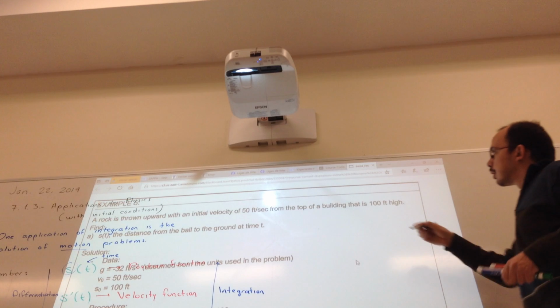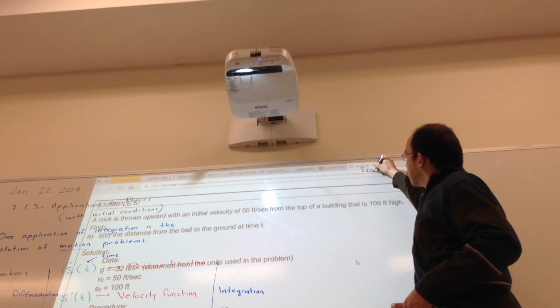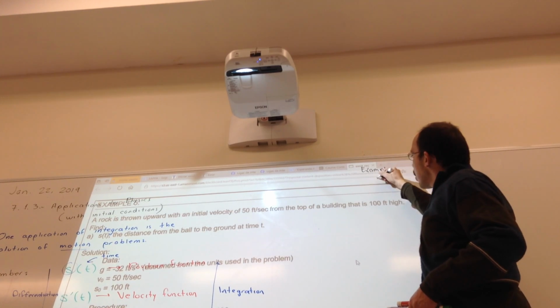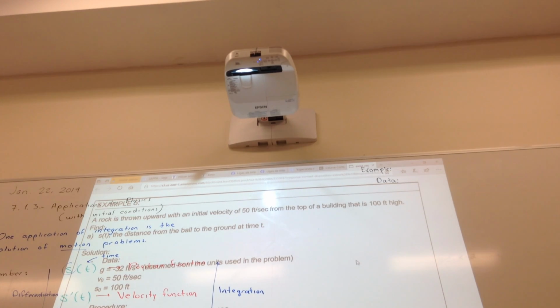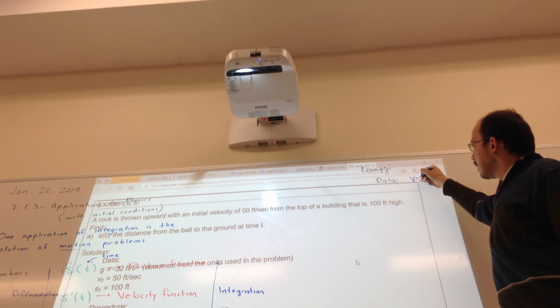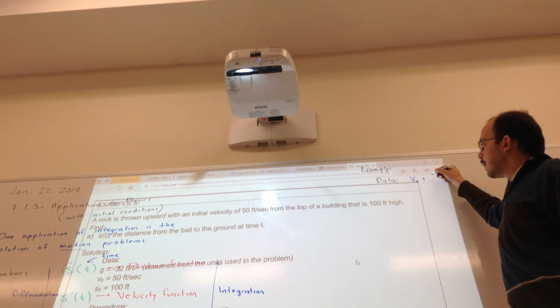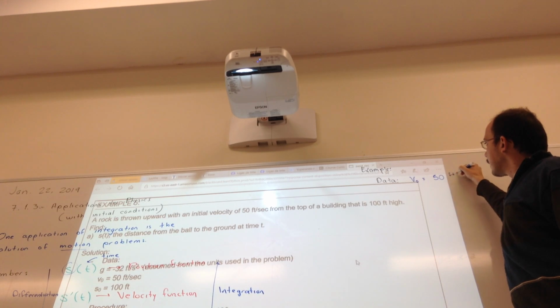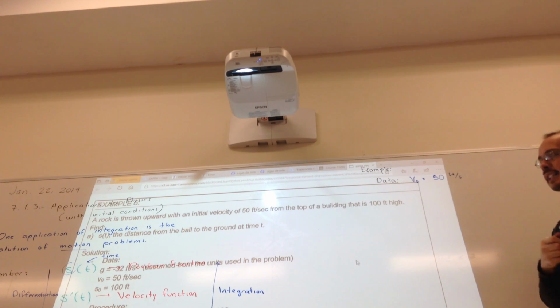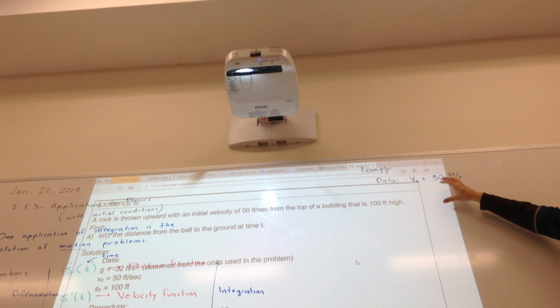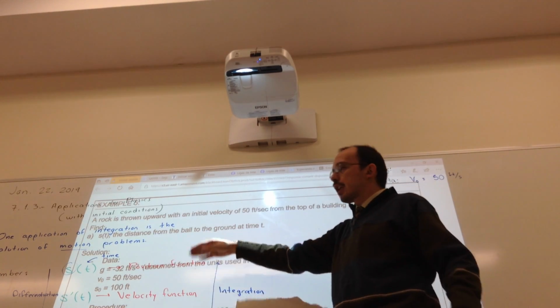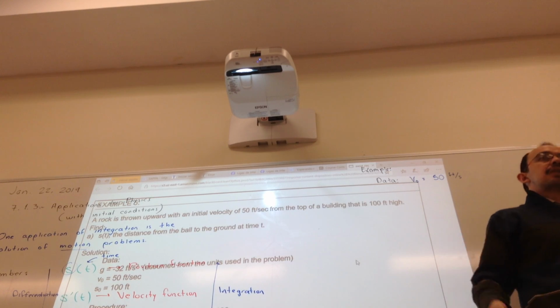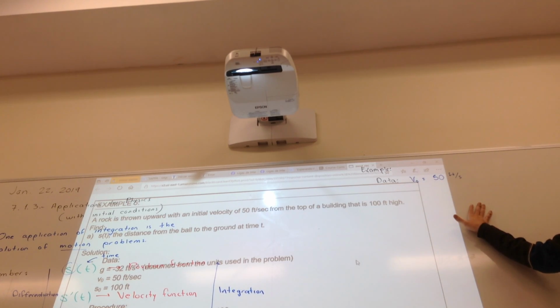So first, what's my data? What do I have in this problem? Initial velocity, we're going to call it v sub 0, is 50 feet per second. Mathematically speaking, what does this represent in terms of the functions that I have?